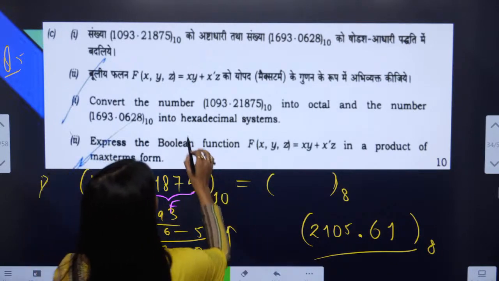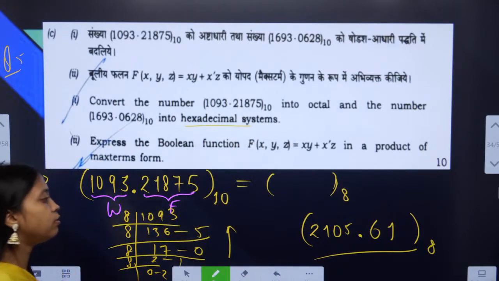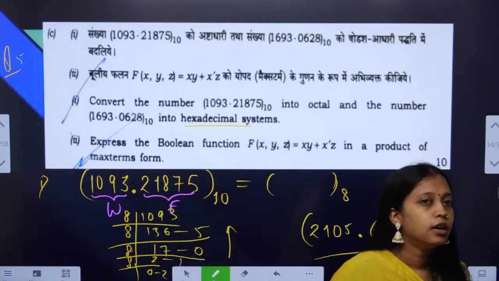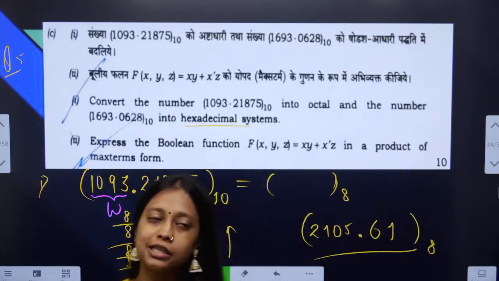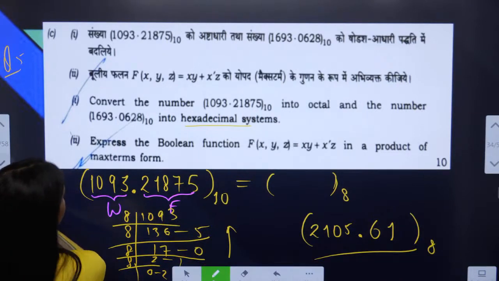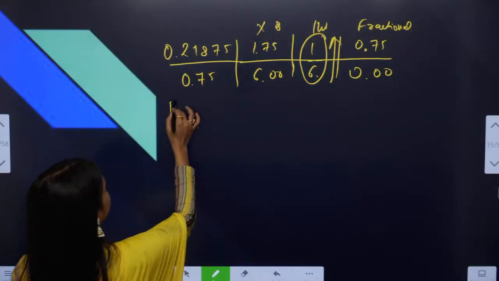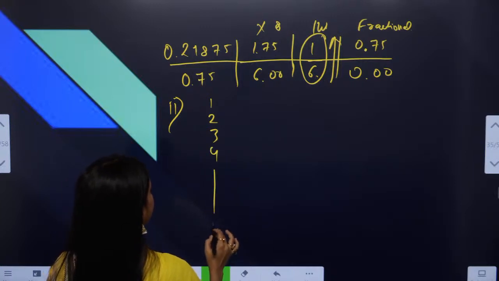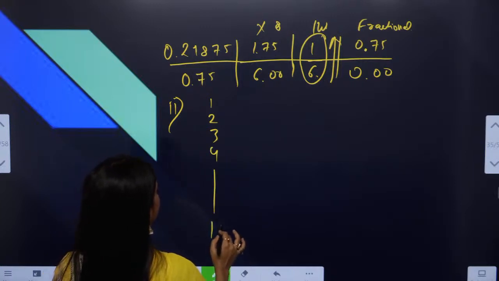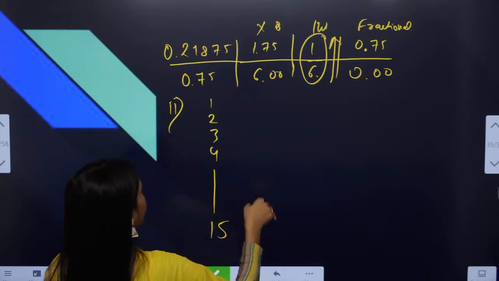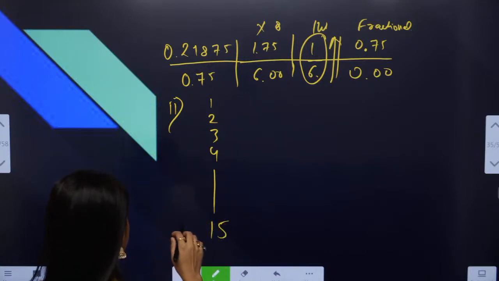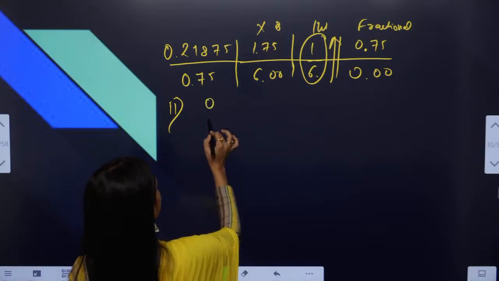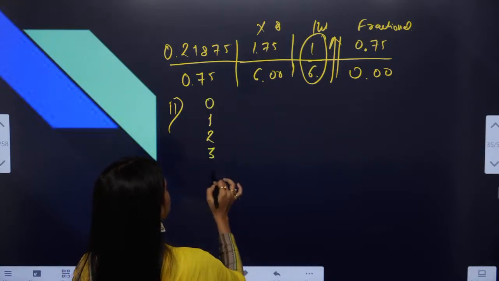Even for the hexadecimal, you know the conversion from decimal to hexadecimal, how it works? For the digits, let us start with 0: 0, 1, 2, 3, 4.